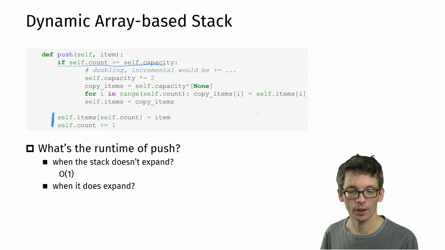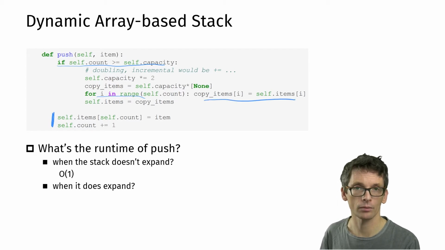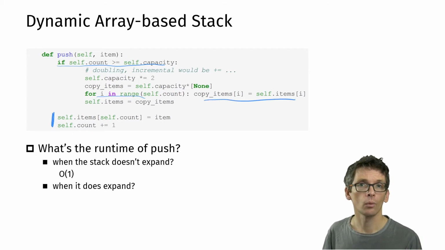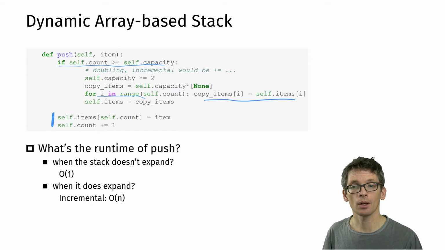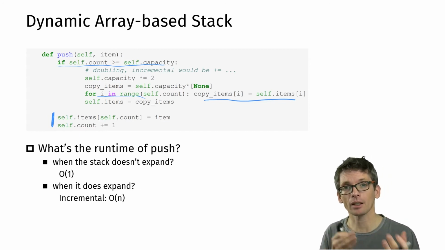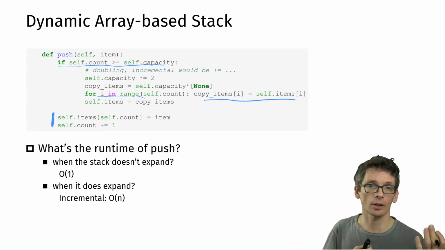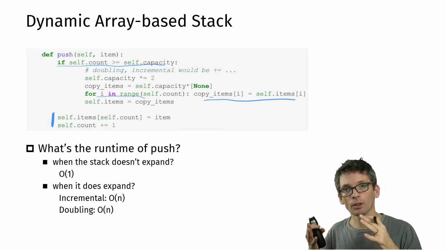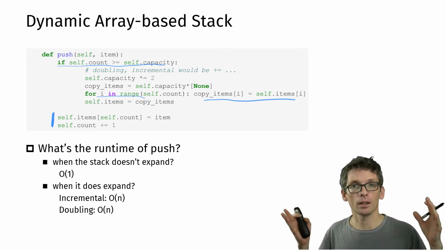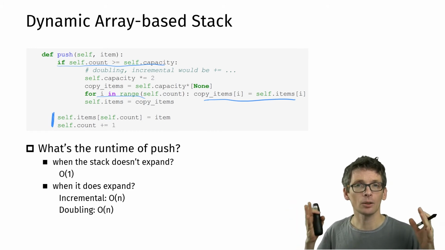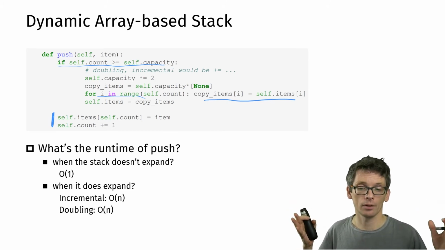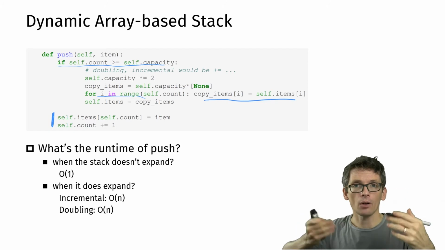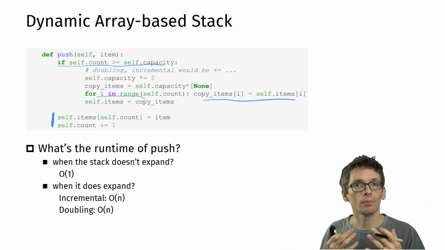Then I need to do n copy operations. One copy operation takes constant time, so I'm spending linear time, and it doesn't matter whether I'm doing incremental or doubling. In both cases, for the doubling strategy, my new array will be somewhat larger, but it will still only have size 2n. So even allocating that will be of order n.